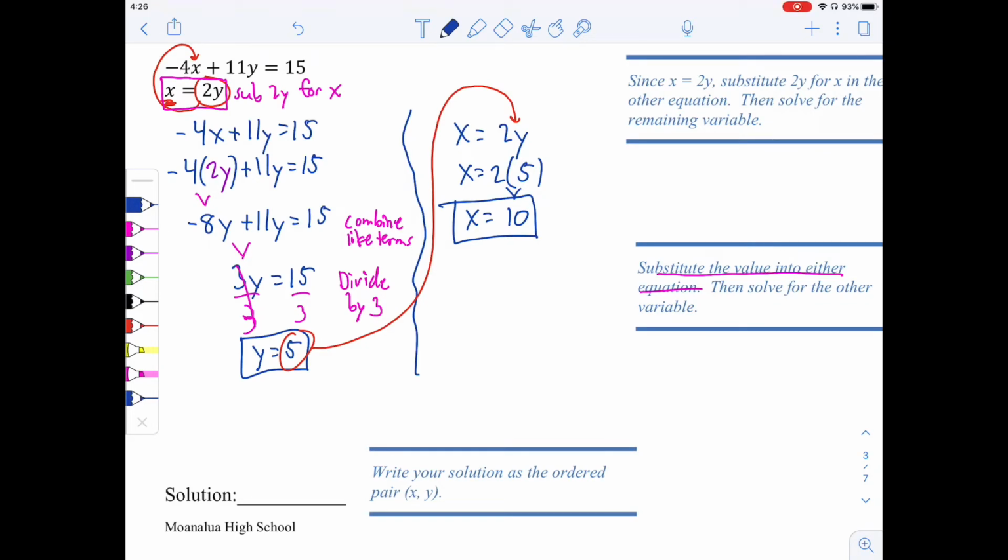So our x value is 10 and our y value is 5. So that is now our solution in ordered pair form, x comma y, right? So make sure you know which one's the x. The x is 10, the y is 5. And put it in that order, right? X, y.